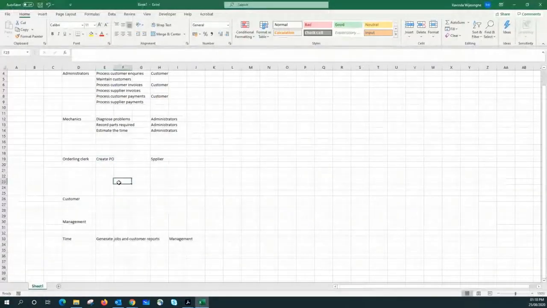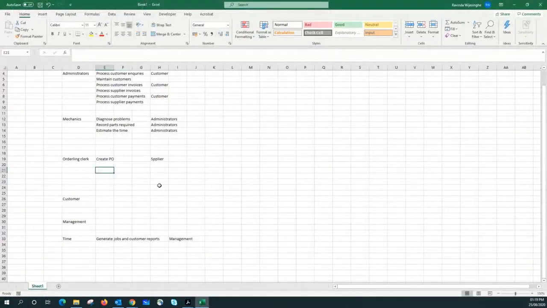Maybe we can say inform low stock levels, right? Inform low stock levels. So that is generated by the system, but I would say that it can be invoked by the ordering clerk as well.